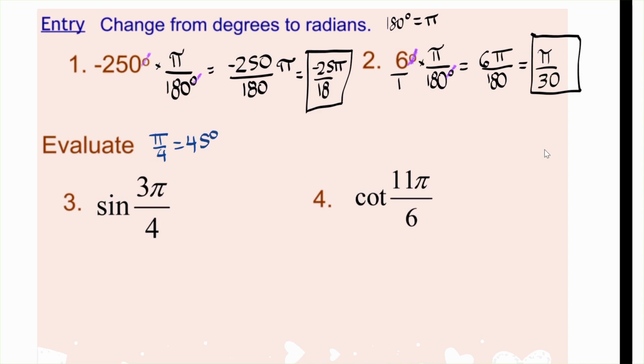So here we have 3 pi's over 4. So we have 3 times 45 degrees. So again, pi over 4 is 45 degrees, and if I have 3 of those, 3 times 45 degrees is 135 degrees.